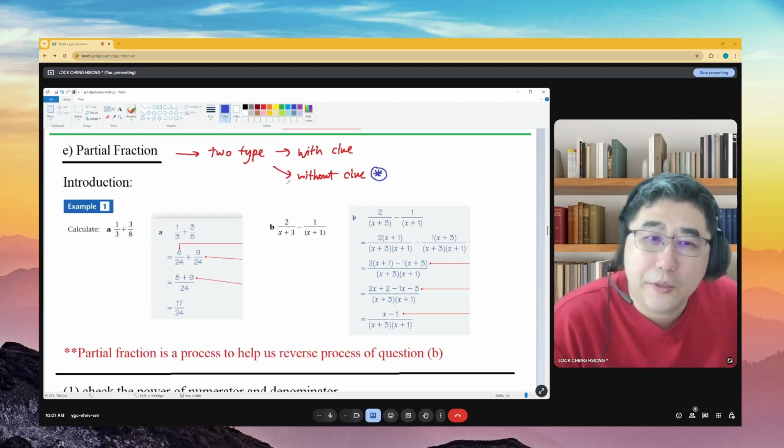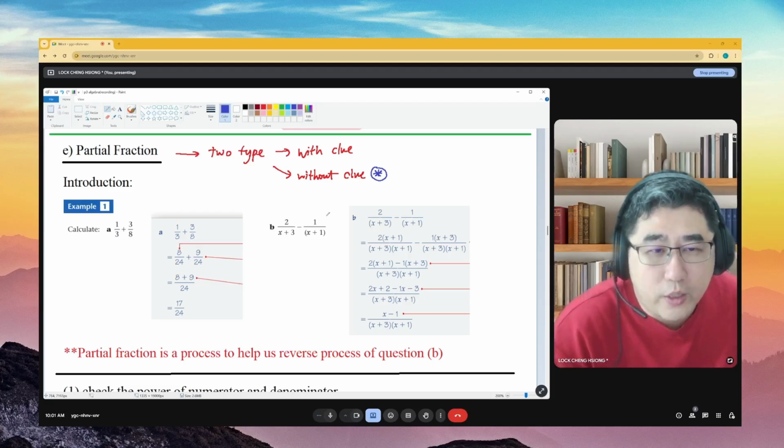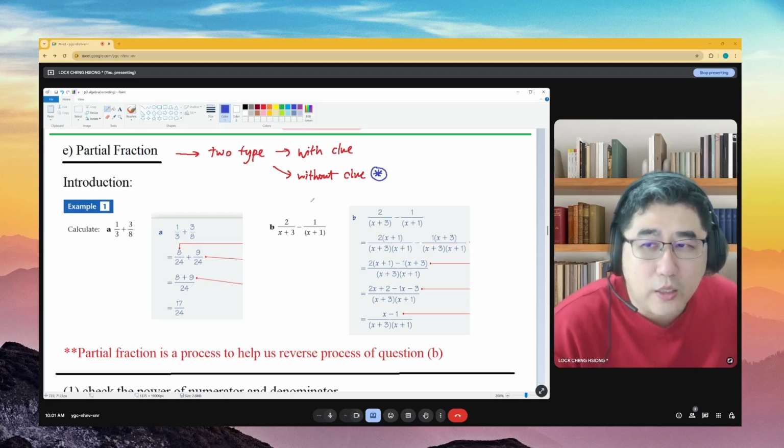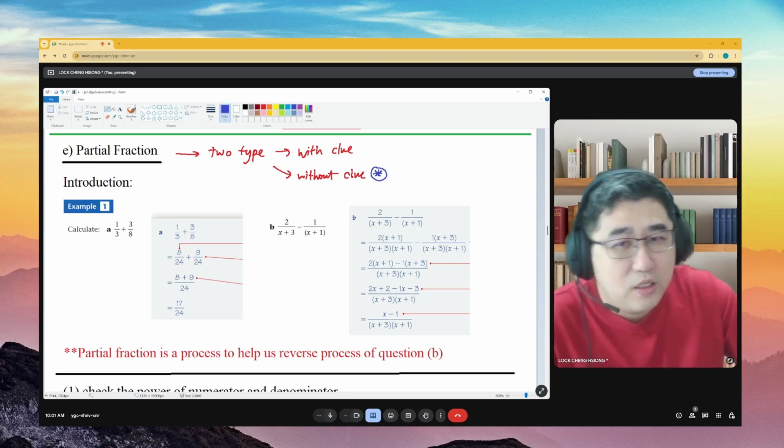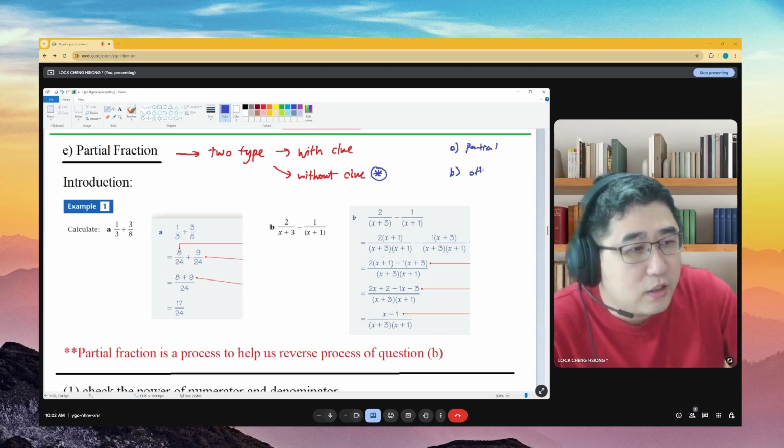This part is significantly important throughout your P3 because, as I say, this is chapter 1, algebra, which is needed for other topics, and this partial fraction actually appears in several parts throughout your P3. So if part A is your partial fraction question, then part B is another thing.